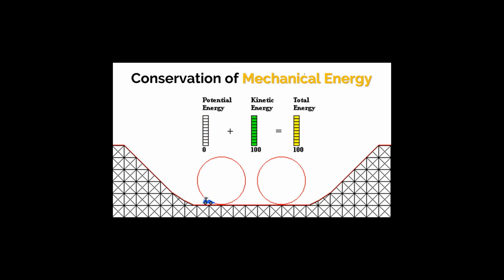And since the potential energy is a stored or reserved energy that can possibly be used if the object will do a work, so if the object will start to move or start to do a work, then that potential energy can be converted into kinetic energy.